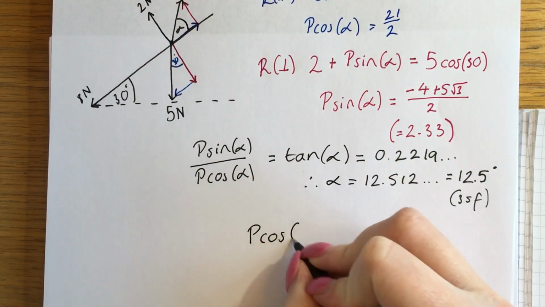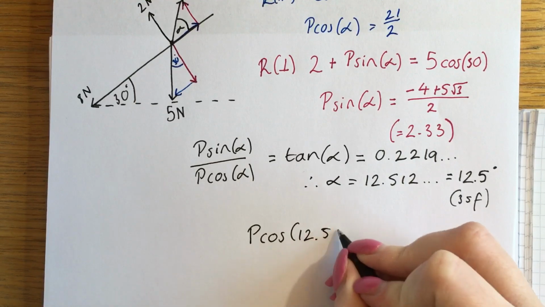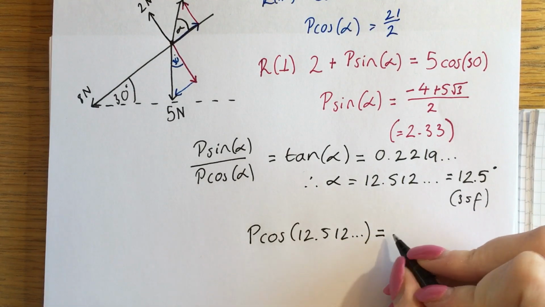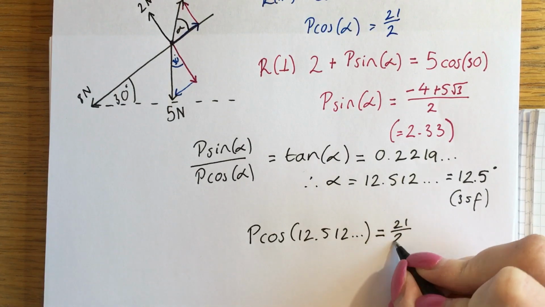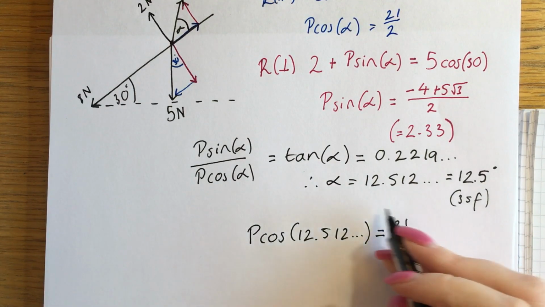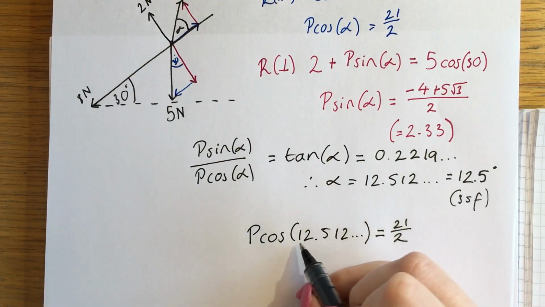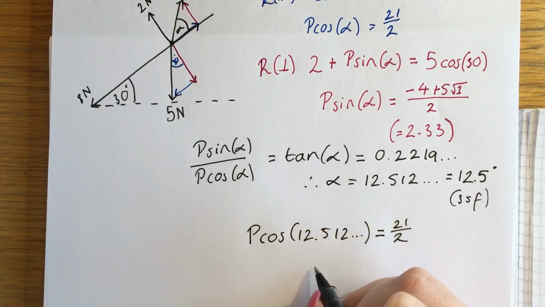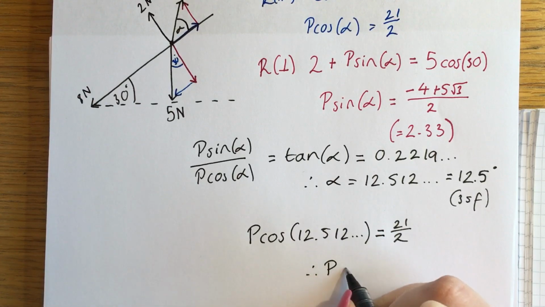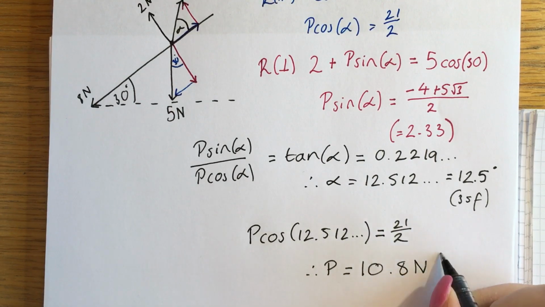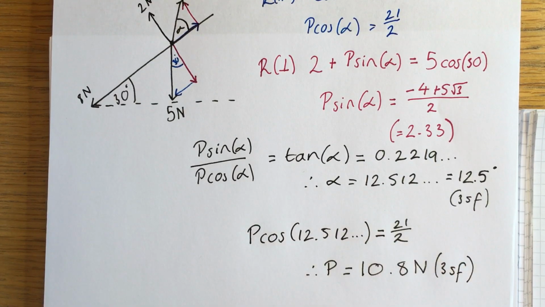So P cos of my answer, again, I'm showing the examiner I'm using all of the digits, and that's equal to 21 over 2. So 21 over 2 divided by cos of 12.512, blah, blah, blah. So therefore P is equal to 10.8 newtons to 3 significant figures.